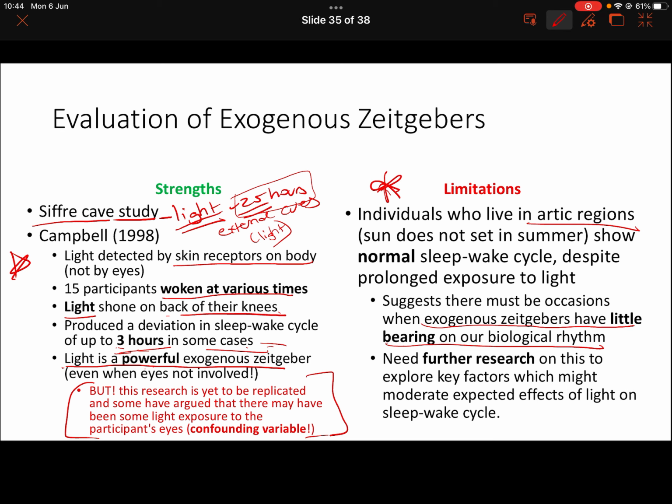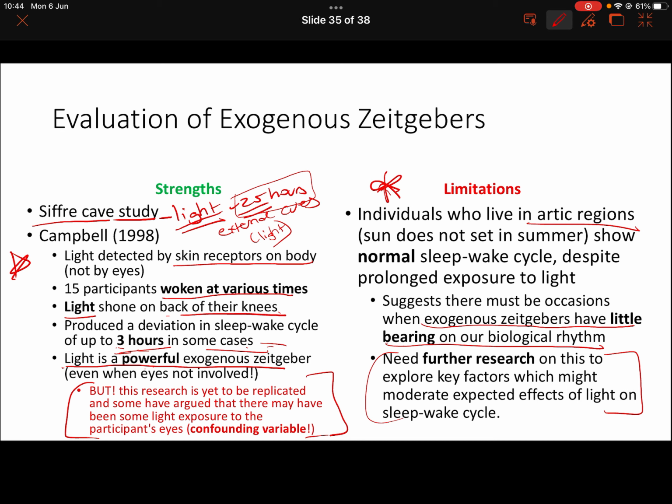Other research included a blind man who was born with a circadian rhythm of 24.9 hours, and he could not be entrained by mealtimes or other social cues. So social cues alone, therefore, are perhaps not effective in resetting or in training the biological rhythms. We need to do further research here on different individuals in different environments to see what effect exogenous Zeitgebers might have on moderating and influencing the sleep-wake cycle.